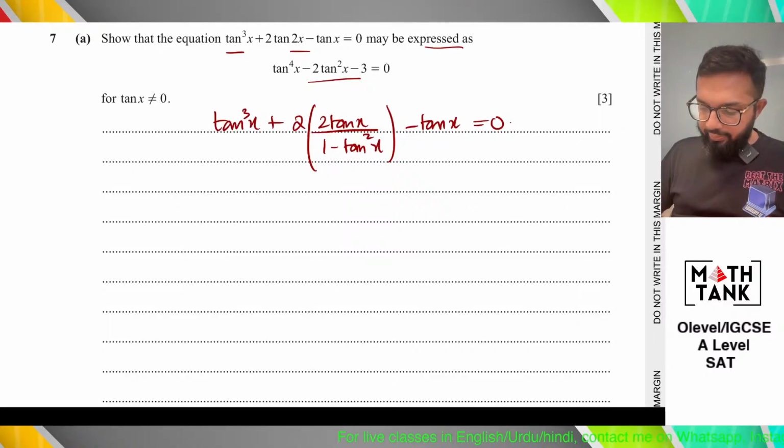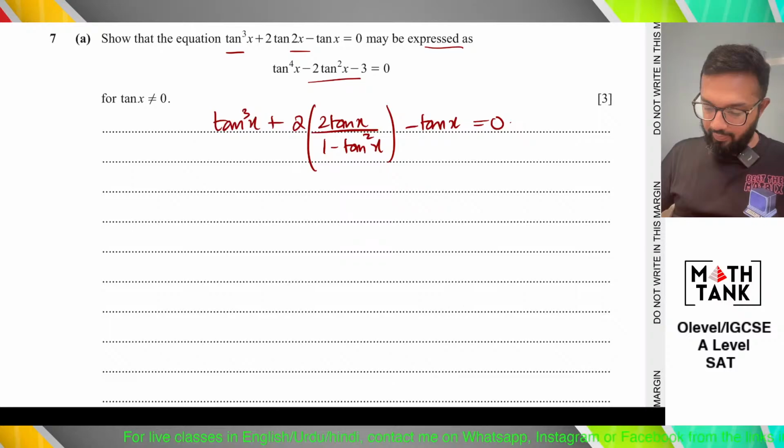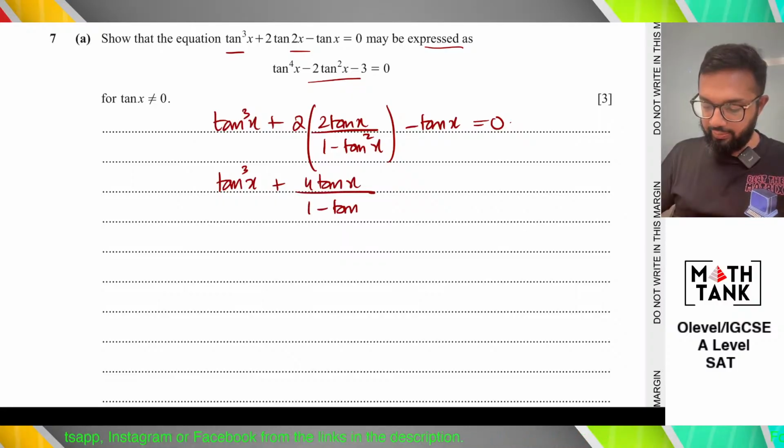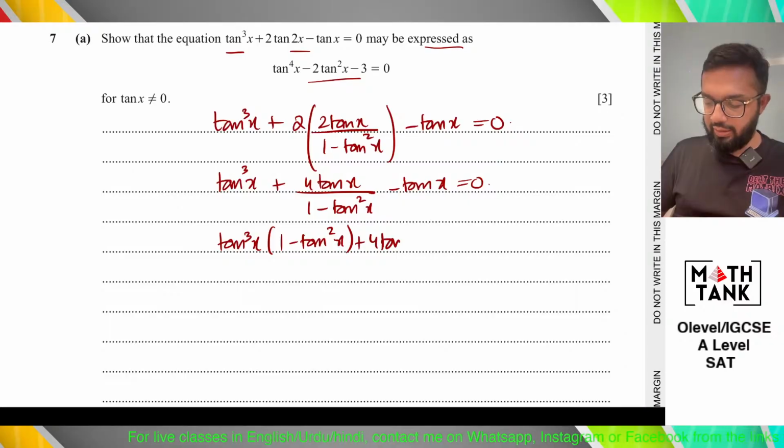Okay, so tan cube x plus 4 tan x over 1 minus tan square x, minus tan x equals 0. Let's take an LCM. So tan cube x gets multiplied with 1 minus tan square x, plus 4 tan x, minus tan x multiplied by 1 minus tan square x.